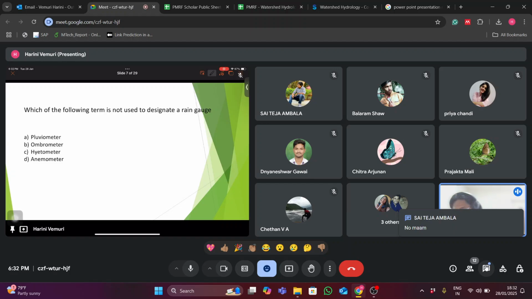So the answer is anemometer. Anemometer is used to measure wind velocity, and pluvial is another word for rainfall. Ombrometer and hydrometer are both designations for rain gauges.